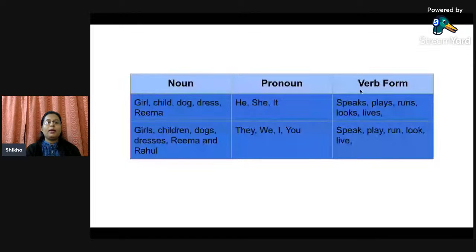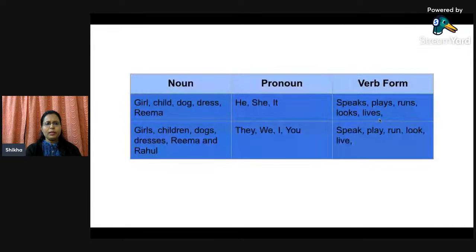The verb should be singular. That is, whatever verb you are using, it should come with s, right? For example, speaks, plays, runs, looks, leaves, loves, eats, whatever you want to write.